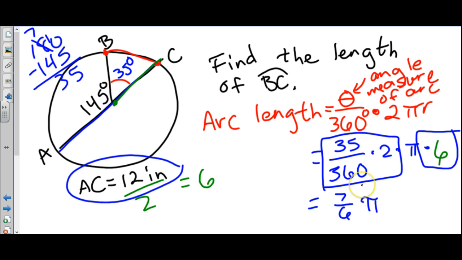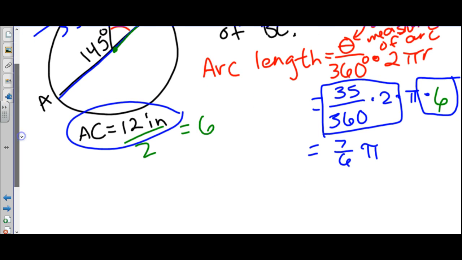So this one is more likely going to be asked to be solved as an approximation, which means we would just change pi to be 3.14. If it doesn't specify 3.14, but asks you to approximate, I would use a few more digits of pi. I would use 3.14159.